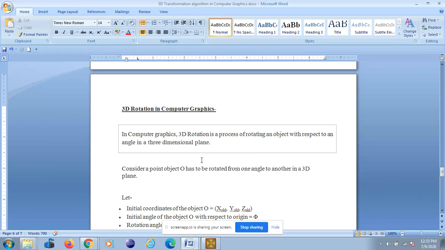So in 3D transformation, what is rotation? How is rotation done in 3D form? In computer graphics, 3D rotation is a process of rotating an object by any particular angle in a 3D plane. Getting my point?